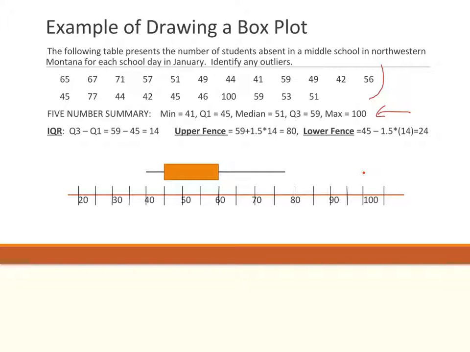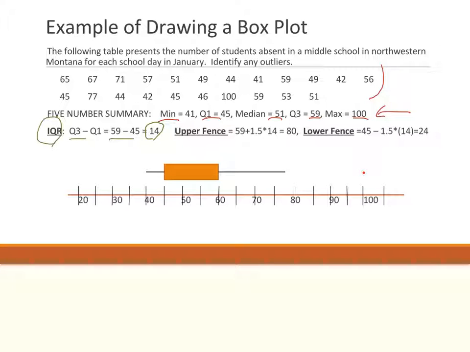The minimum value is 41. Q1 is 45. The median is 51. Q3 is 59, and the max is 100. Now we want to calculate IQR. IQR is Q3 minus Q1, so we take 59 minus 45, and IQR is 14.